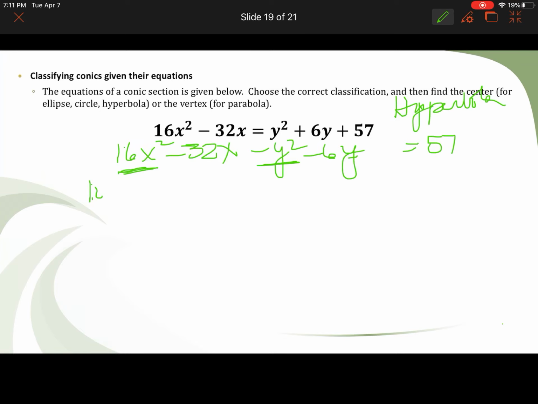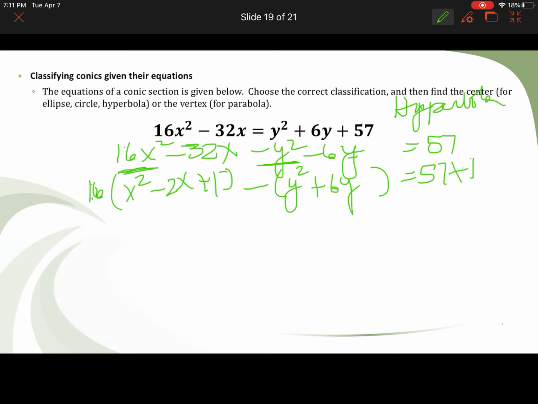All right, so if we factor out that 16 minus 2, factoring out a negative, so I will add a 1 here, so that means I'm adding 16.